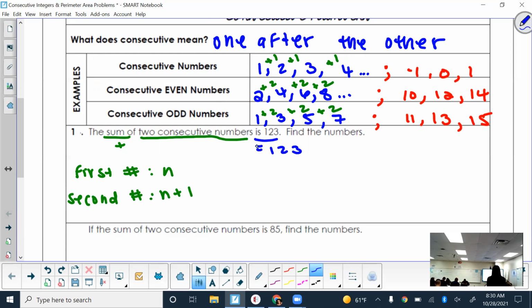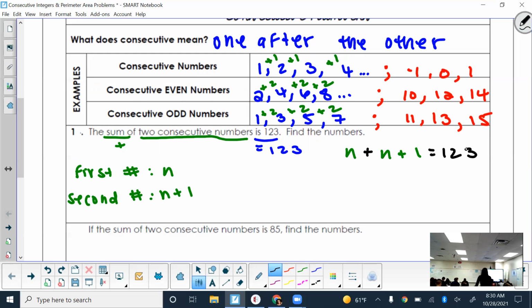Equals 123. So put it all together. We have the sum of our consecutive numbers. So we're going to add these together. Is 123. And we're going to figure out what those numbers are.